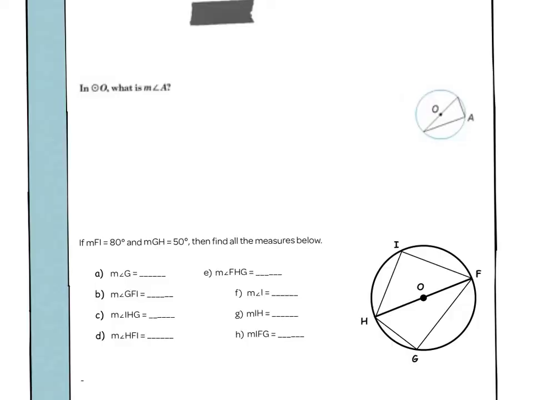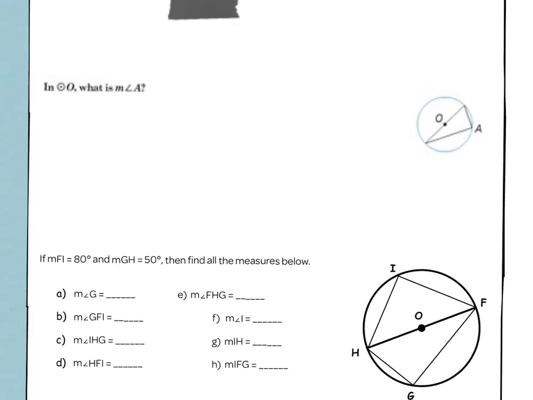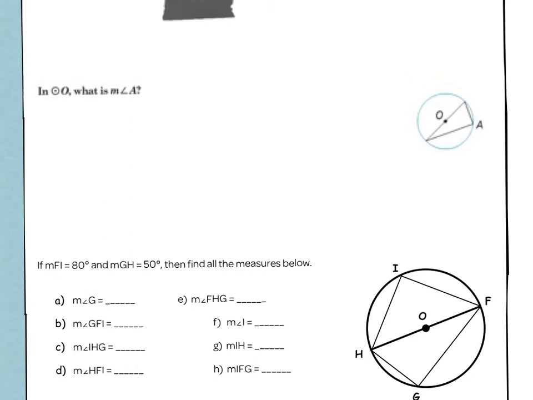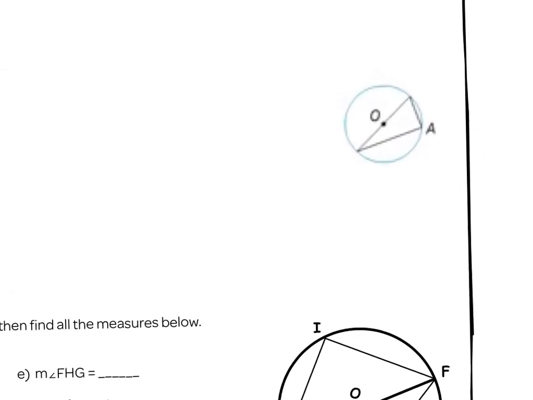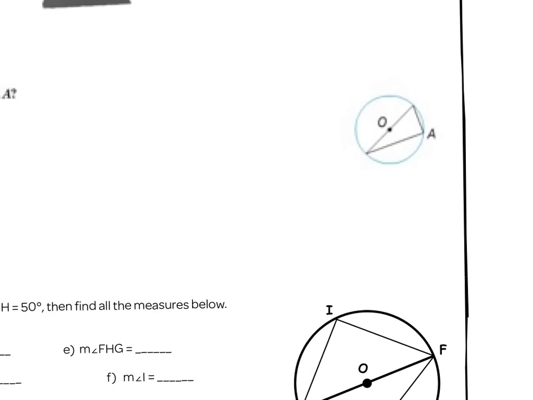All right. So let's look at this question. It says, in circle O, what is the measurement of angle A? If we look at the circle very carefully, we can see that O is the center point and the diameter here is shown. So this arc that I'm going to do in blue is going to be 180 degrees.